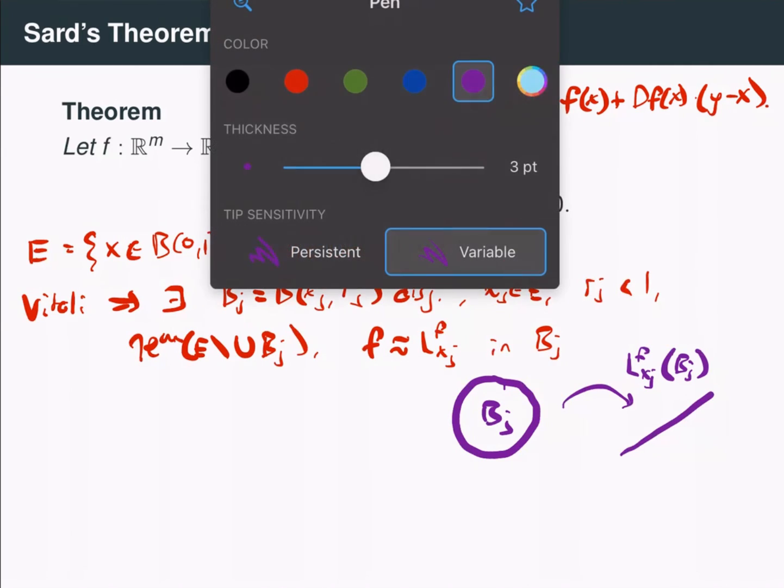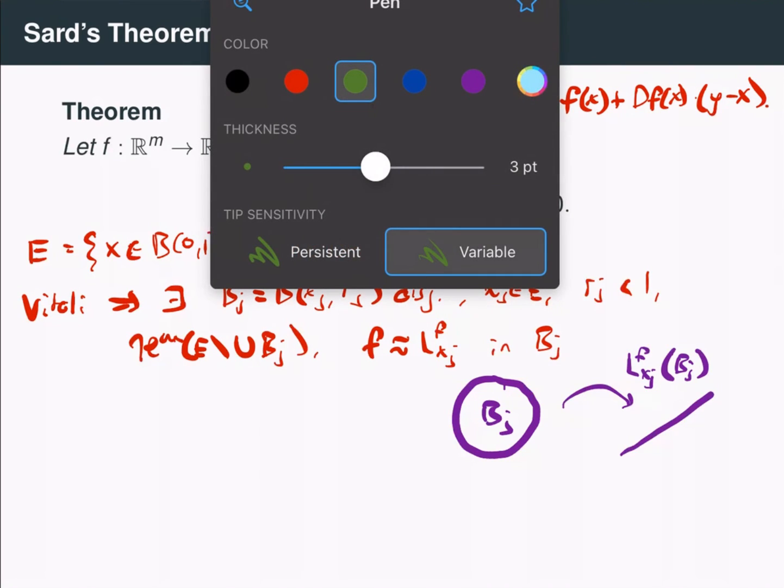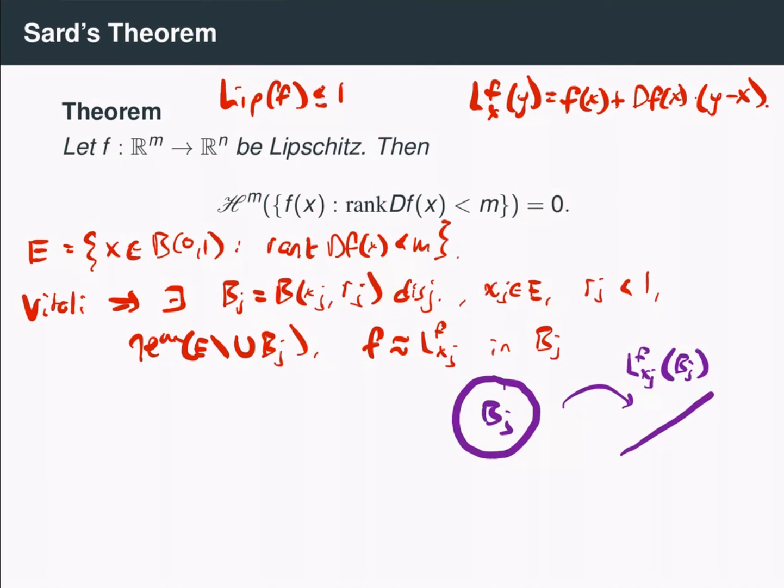Okay. Now, furthermore, because f is approximately the linear approximation in here, that means that the image of B_j under f is inside a small epsilon neighborhood around the image of this set. So this is saying that the image of the m-dimensional ball B_j under f is in a small neighborhood of an (m-1)-dimensional set, or a subset of an (m-1)-dimensional plane.